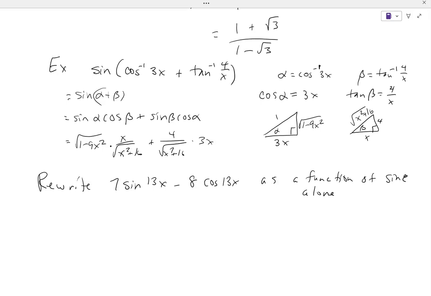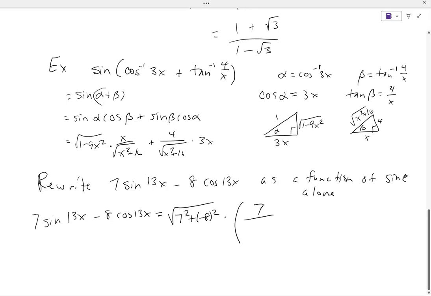Okay. So the way we handle that, remember, is we first multiply and divide by the square root of the sum of the squares of the coefficients that we have. We haven't changed anything.